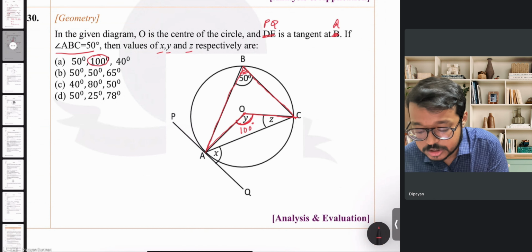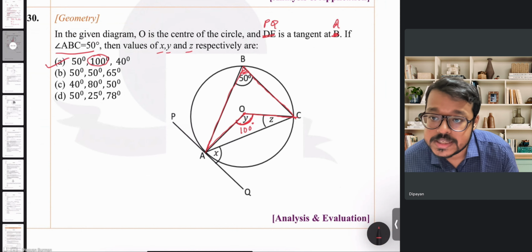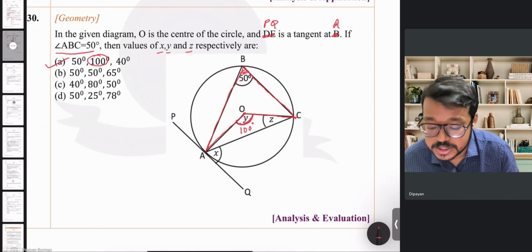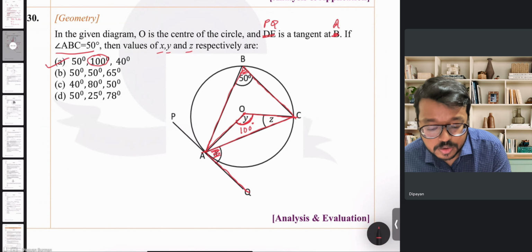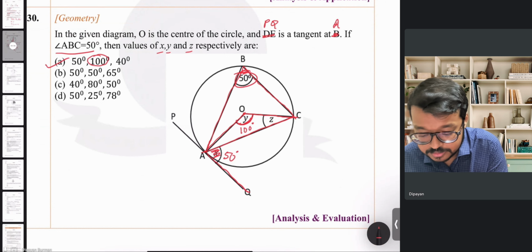So then A has to be true. And if you want to quickly see why X and Z are also correct, for example, X is the angle between the chord AC and the tangent AQ, which is equal to the angle in the alternate segment, which is angle ABC. So X has to be 50 degree.